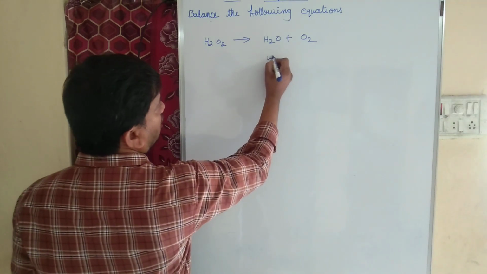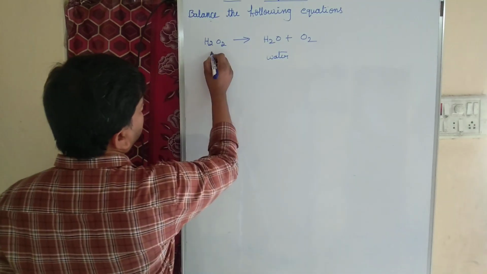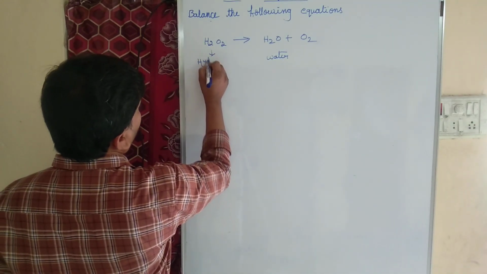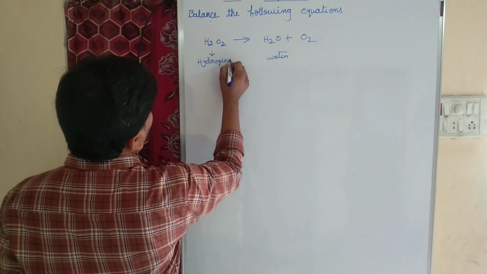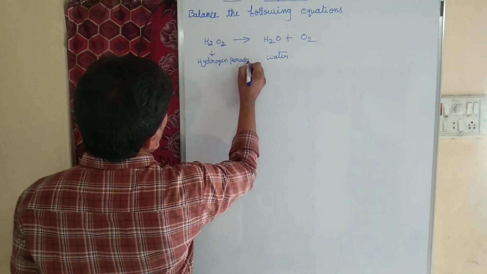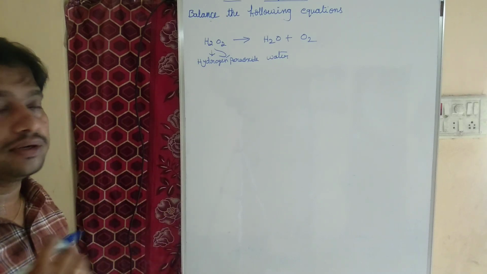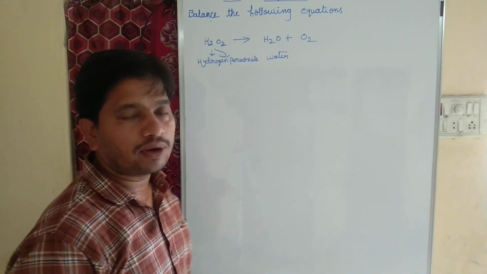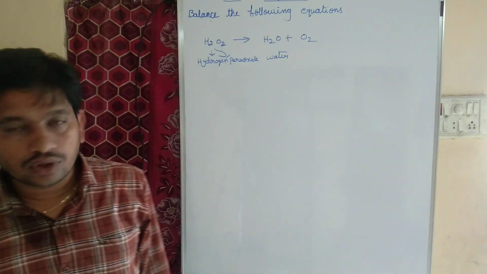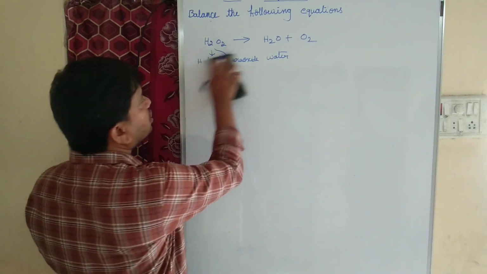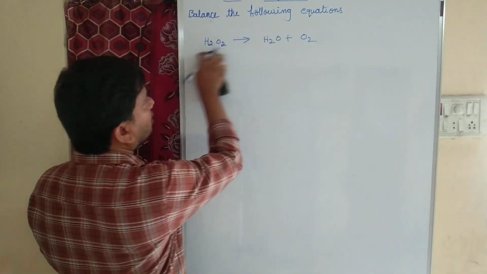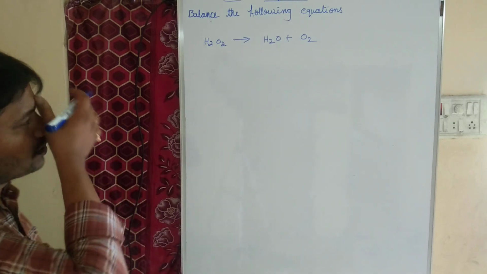H2O is called water and H2O2 is called hydrogen peroxide. H2O2 is the chemical formula of hydrogen peroxide and H2O is the chemical formula of water. Okay, H2O2 gives rise to H2O plus O2. Okay, let us balance this equation.